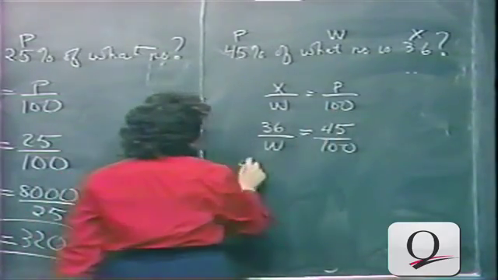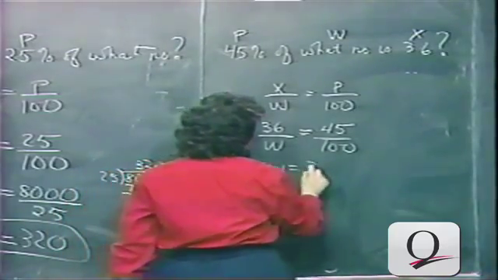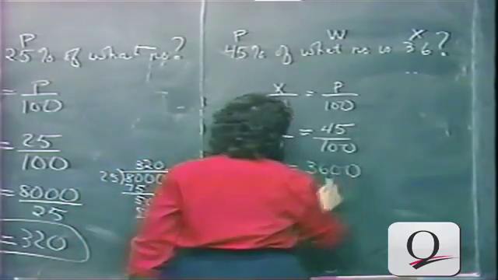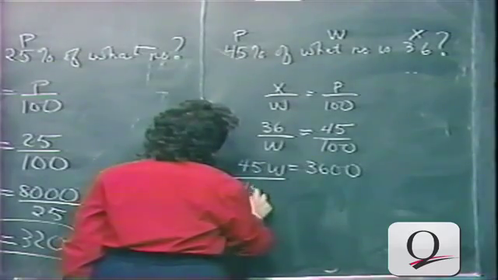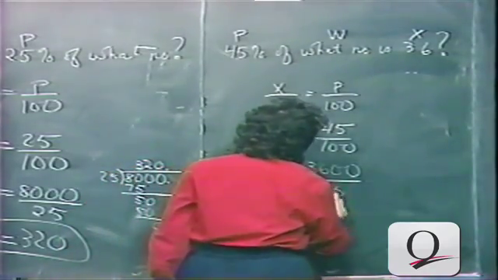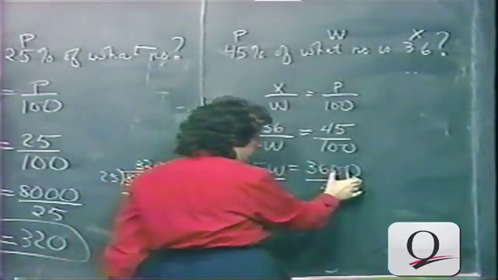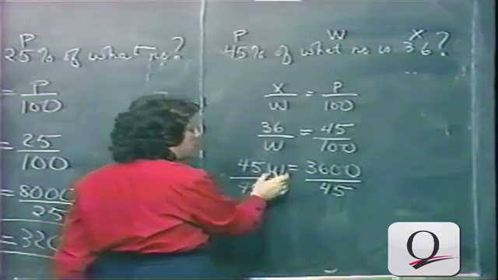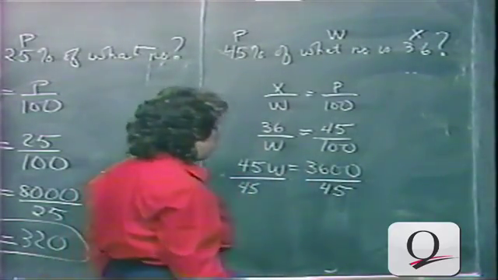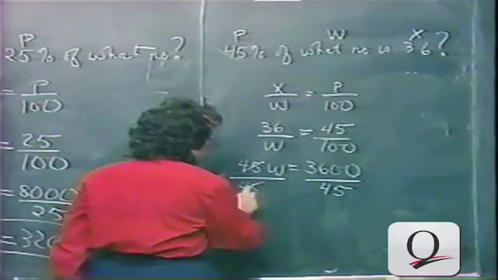Cross multiplying, we get that 45W is 3,600. 45 times something is 3,600, so we have to divide by 45 to figure that out.